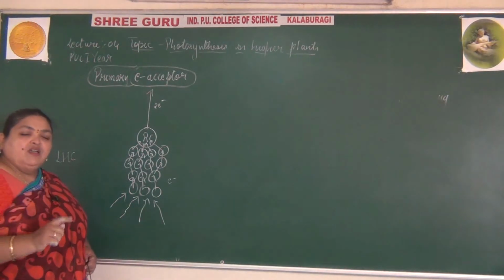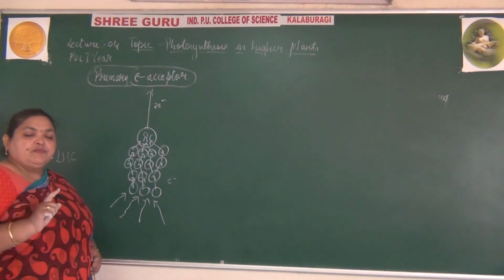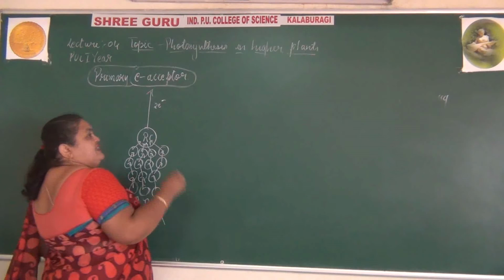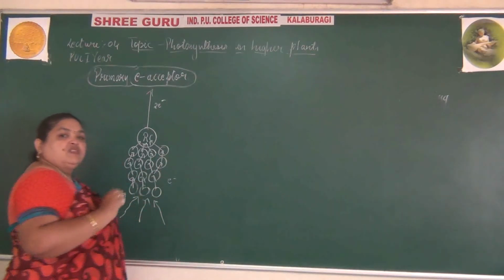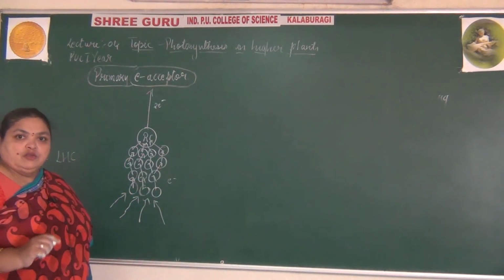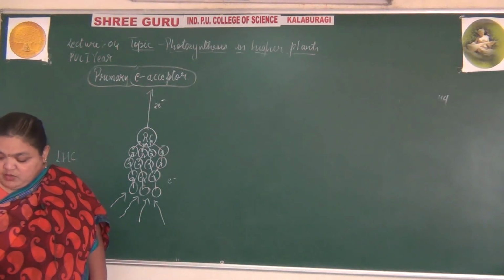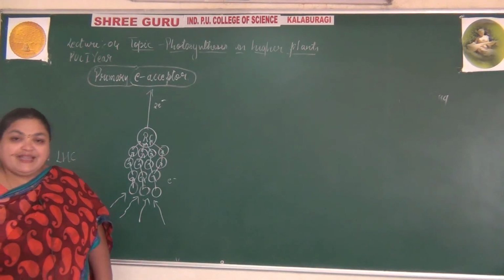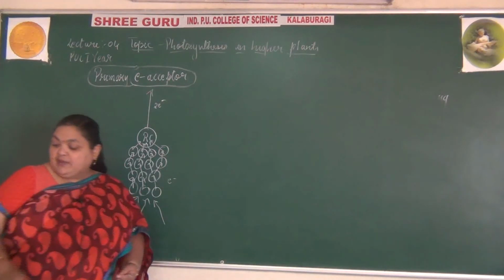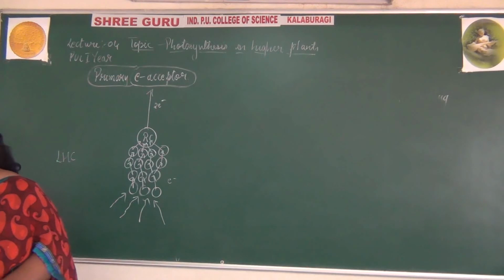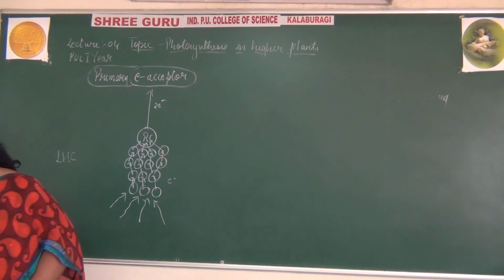The second process is photolysis of water, which is the first step in the process of photosynthesis, where the light splits the water molecules. The water molecules get split or broken up to release electrons, protons and molecular oxygen.